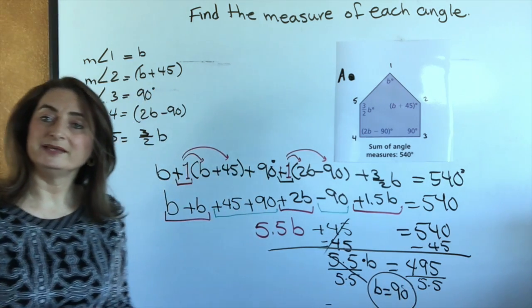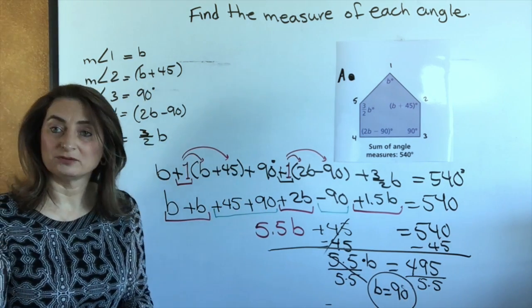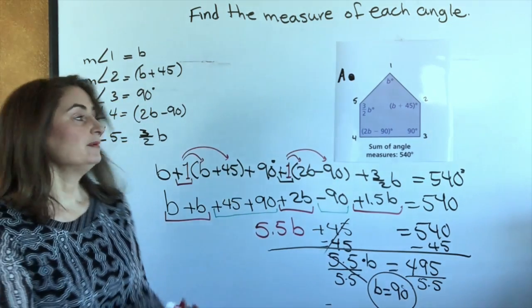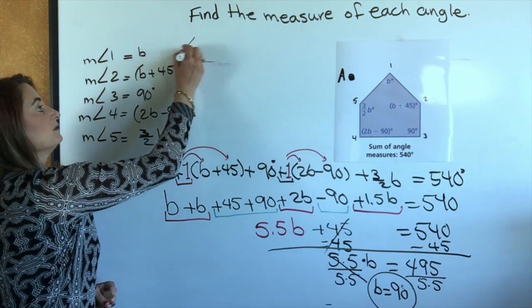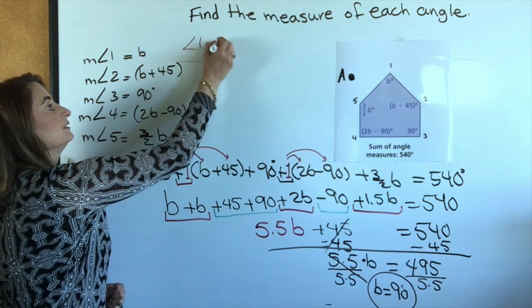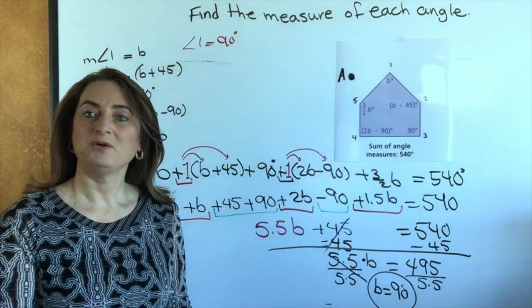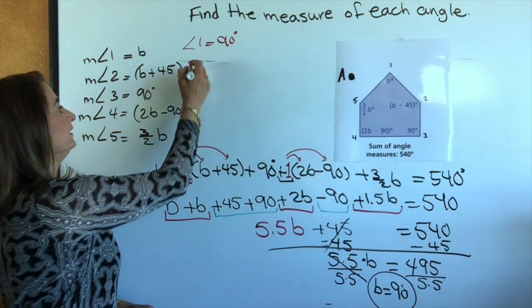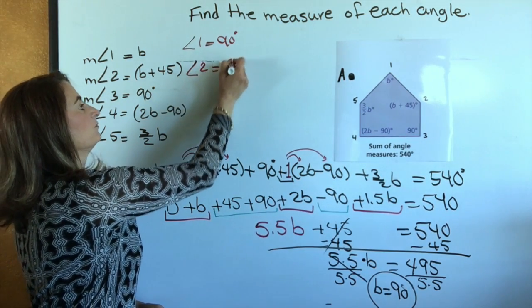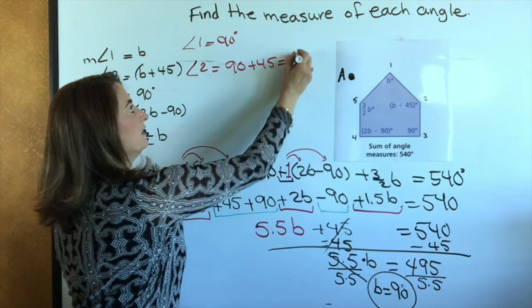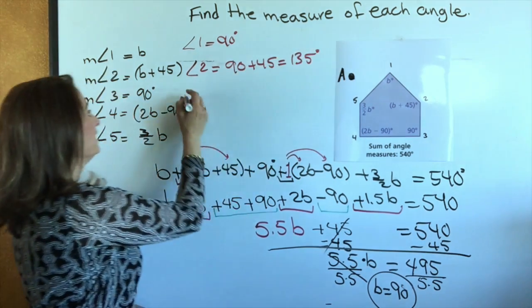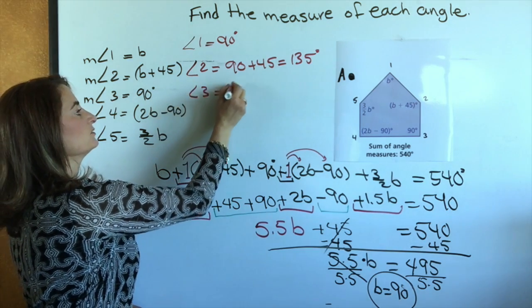Now let's go back and check the answer for each angle. I know the measure of angle 1 equals b, and b is 90, so the measure of angle 1 equals 90 degrees. Now angle number 2 is 90 plus 45, and that gives you 135 degrees. Angle number 3 equals 90 degrees.